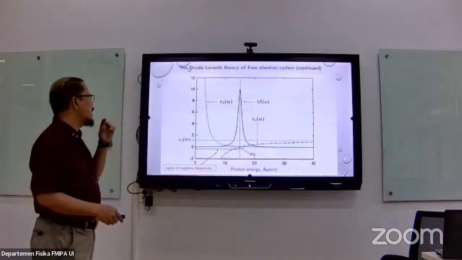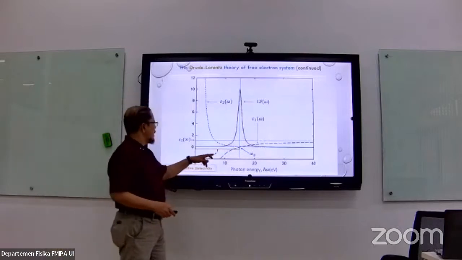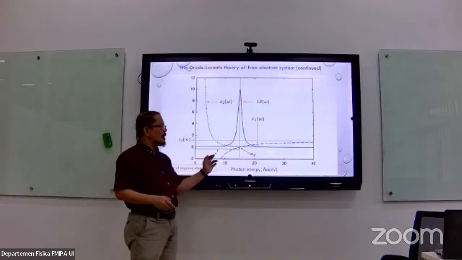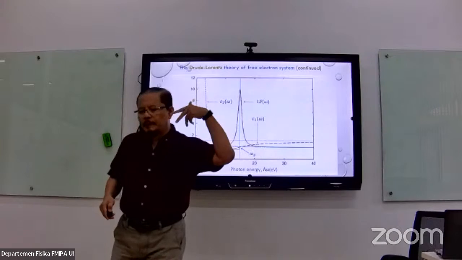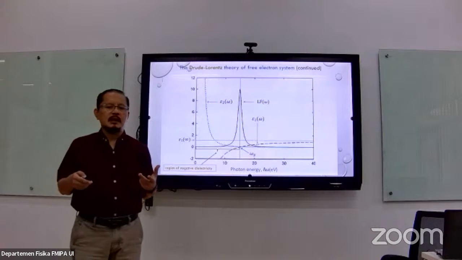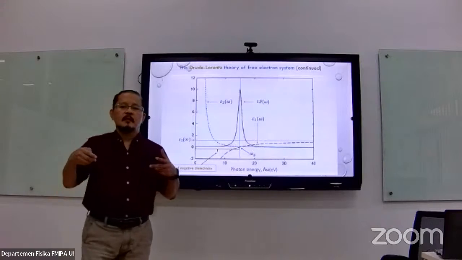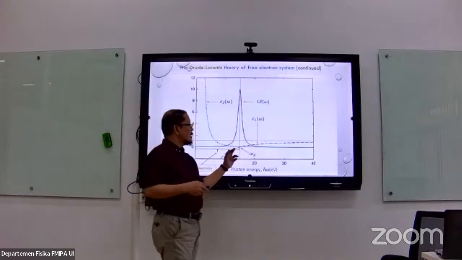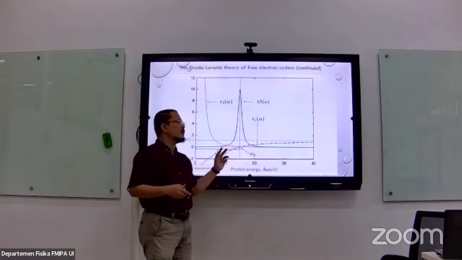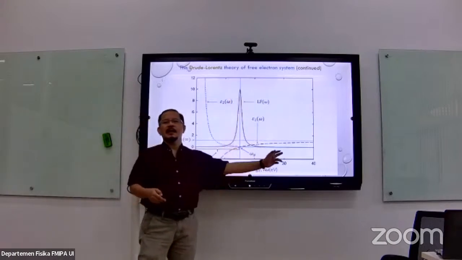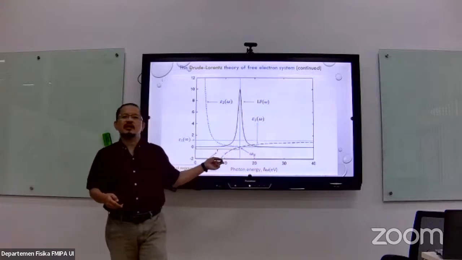But in the modern picture, it turns out that the epsilon 1 curve is not necessary for indicating the presence of plasmons. We could have plasmons even without a zero value of epsilon 1, provided that we still have the peak in the loss function curve.